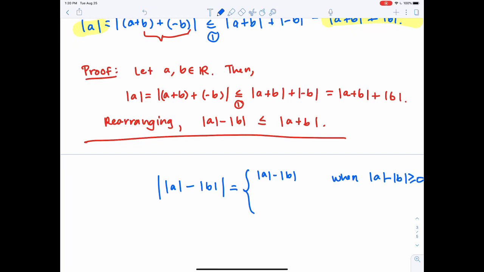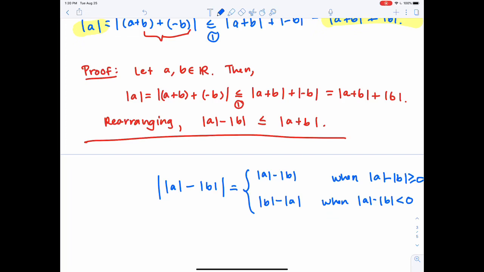Or you get the negative of what's inside, which is actually just subtracting in the other direction, when what you have, the absolute value of A minus the absolute value of B, is negative. So really what we need to do is think about this argument in terms of cases.